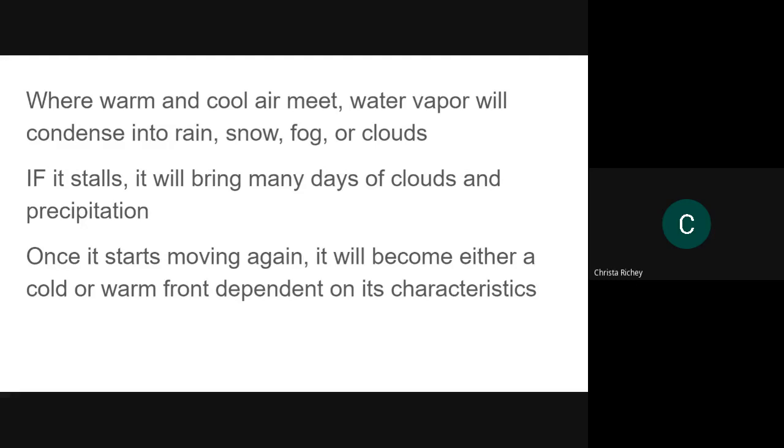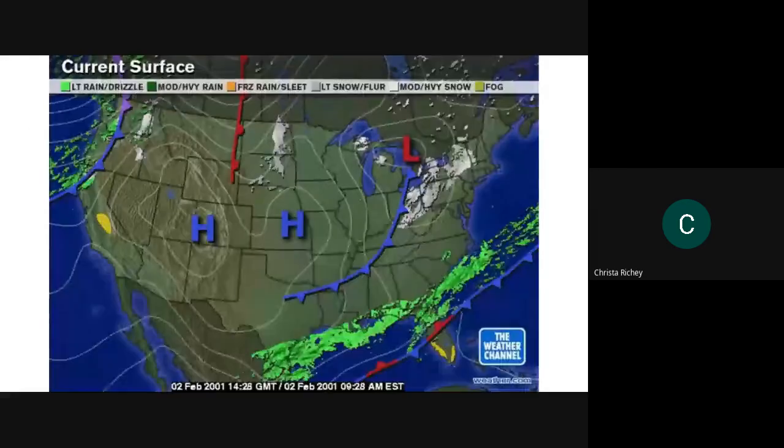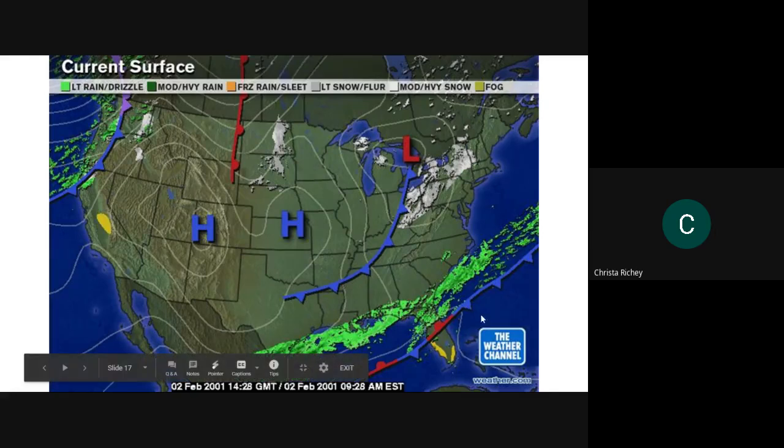The only thing I have left is this weather map. Now, most of your precipitation is going to be around your cold front, and I know they can't see me pointing at the screen, but I've got a cold front here, I've got a cold front here, and I've got a cold front here.